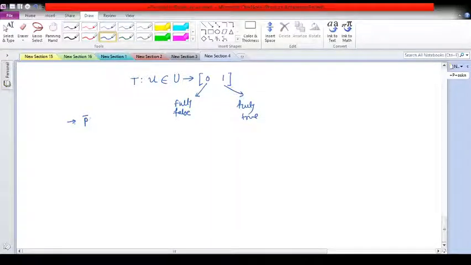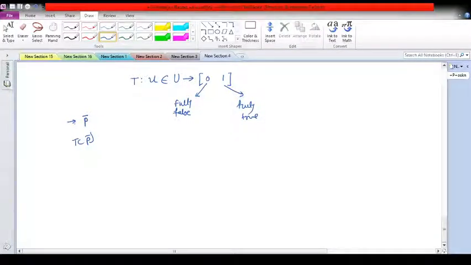Okay, so the truthness of this p bar will be partially true or partially false, which means it will be between 0 to 1. And for that, the same formulas can be adopted, except instead of 0 or 1, what we have to use? We have to use the membership values. That's it.